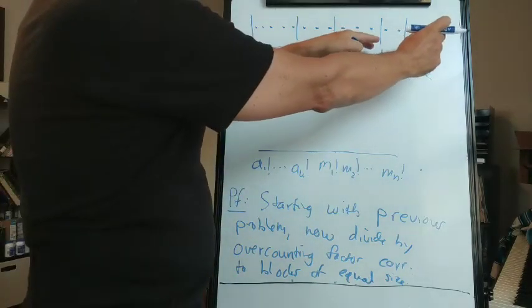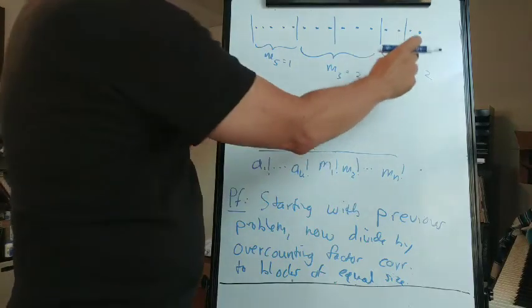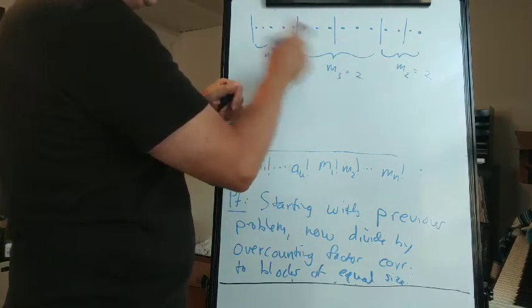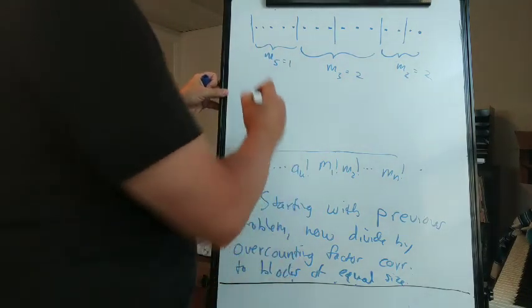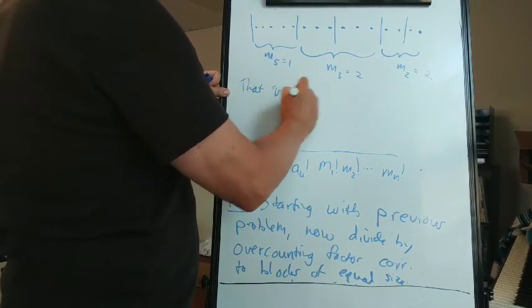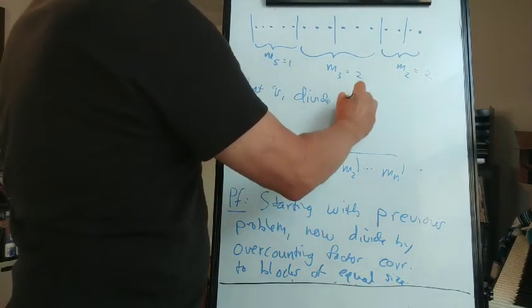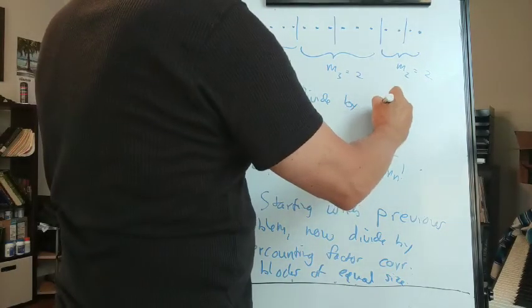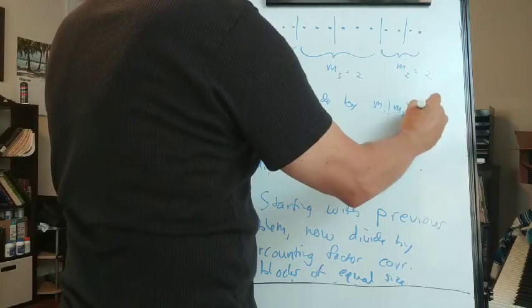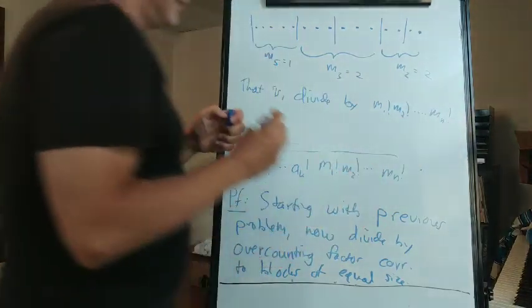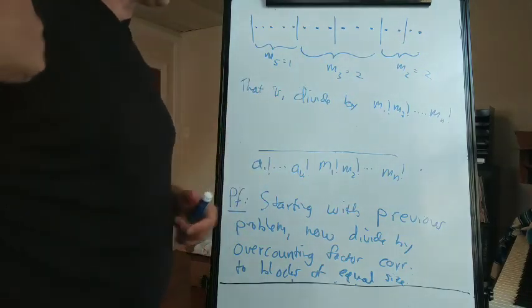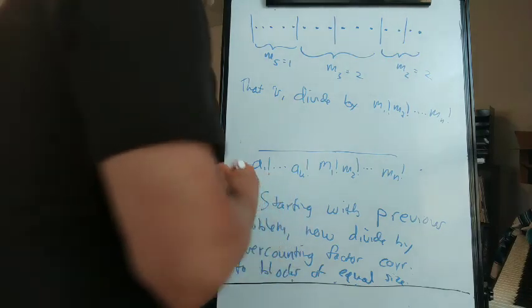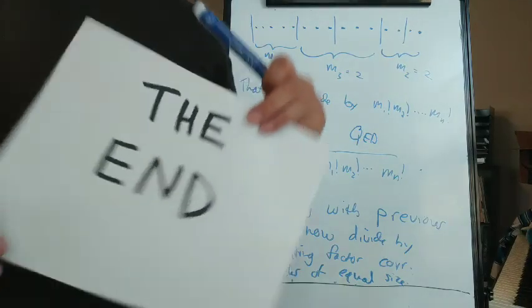We have to account for permuting these blocks amongst each other in the m2 factorial ways times m3 factorial ways, etc. So that is, we're dividing by m1 factorial, m2 factorial, etc. up to mn factorial. And again, if there are no blocks of a certain size like mn, then mn is 0 and mn factorial is 1, so we're dividing by 1. The end.